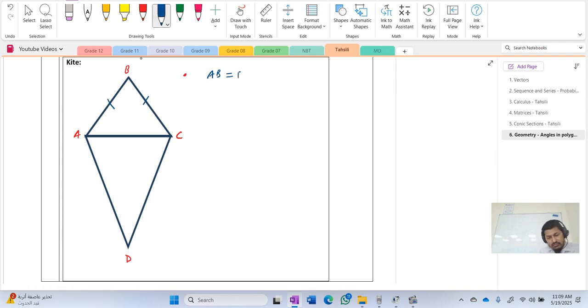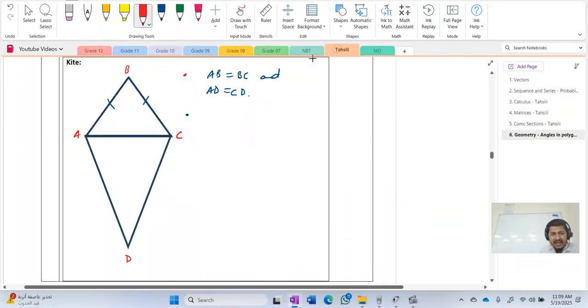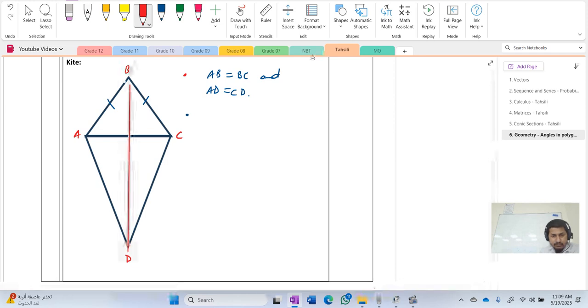Second property of a kite is about the diagonals. The diagonals are perpendicular to each other.